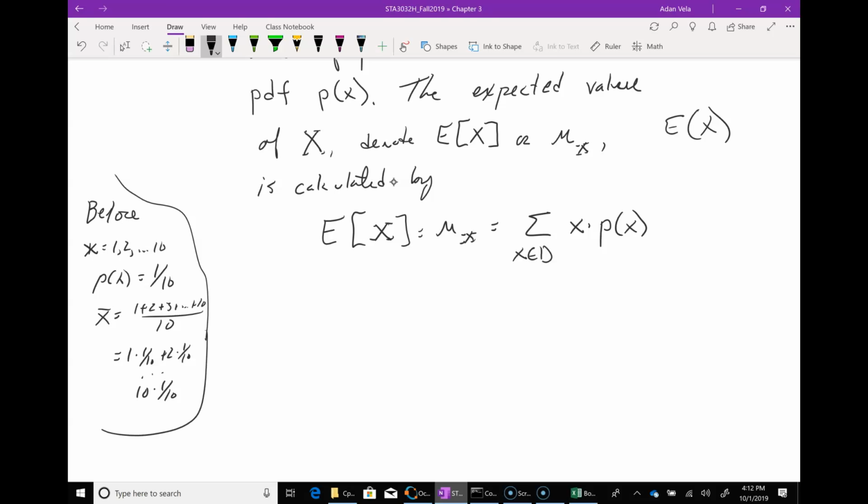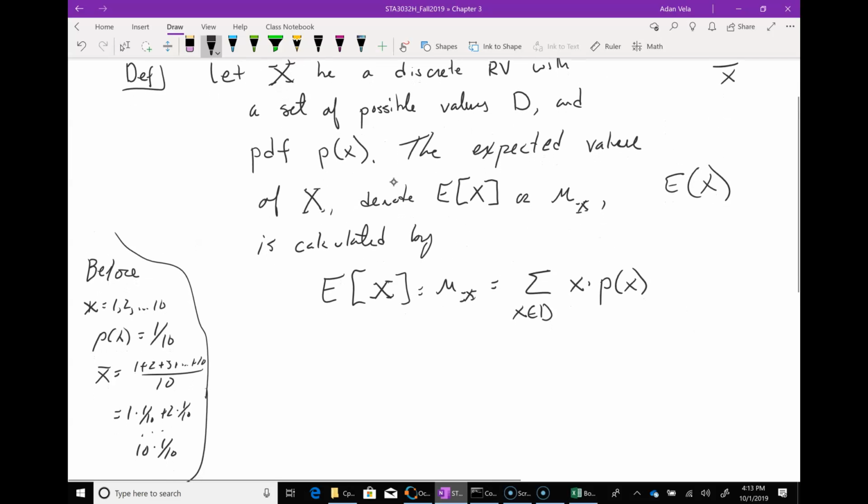It's assuming that the probability of our samples are evenly distributed. Now what we're saying is, well, that probability might not be evenly distributed, and we need to account for that, okay? And this expected value, you can think of it as sort of like the average or the mean, but it's the average or mean for a random variable where probability is distributed unevenly.